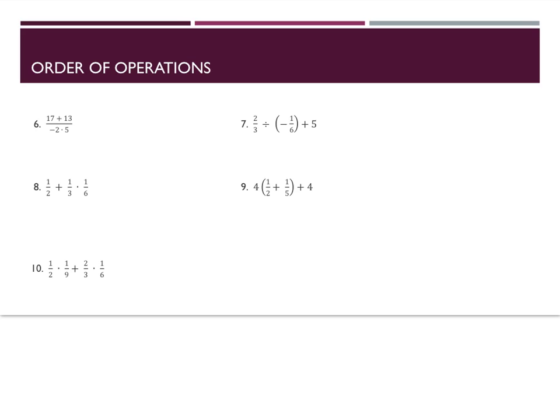Now, to work some of these problems, sometimes we can work them just the way they look. Otherwise, we're going to have to put in some extra parentheses. So this first one's a good illustration of what I was just talking about.